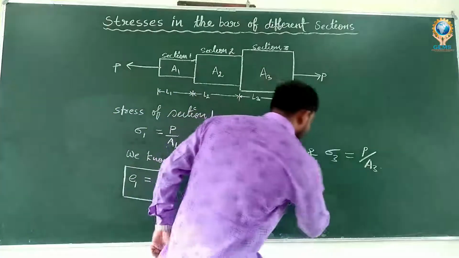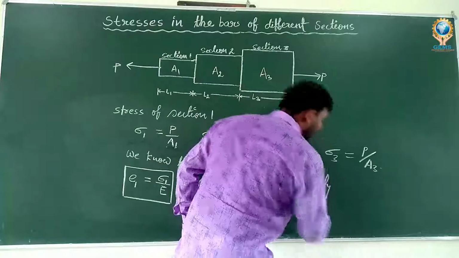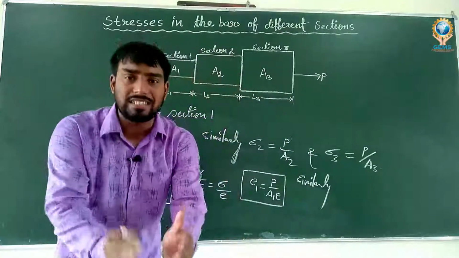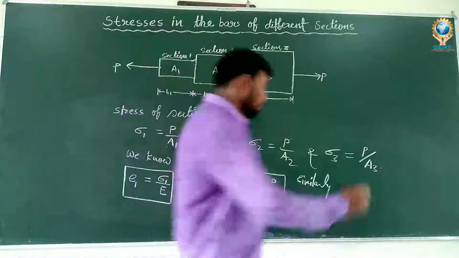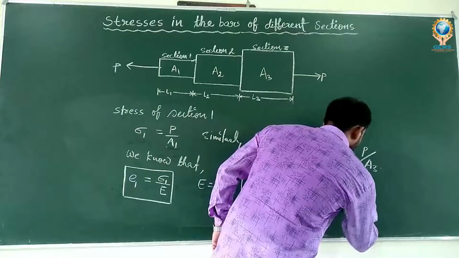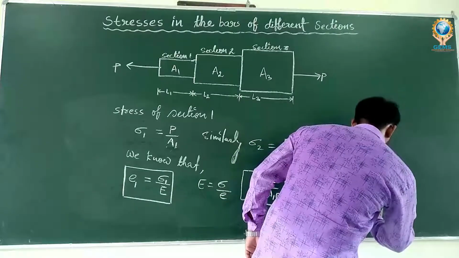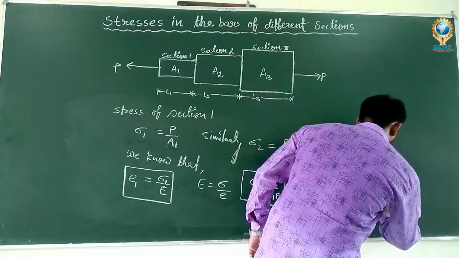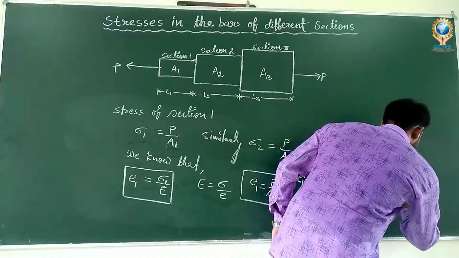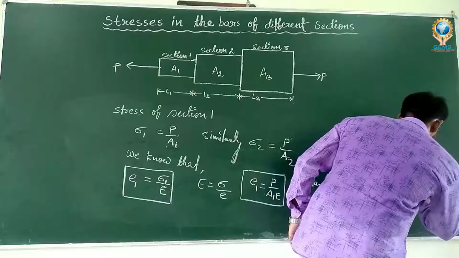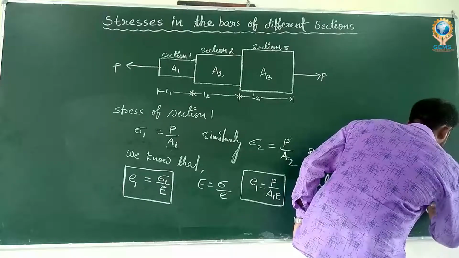Similarly, for section 2 and section 3, what will the strain be? E2 will be P divided by A2 into E, and for section 3, the strain will be P divided by A3 into E. Understand?